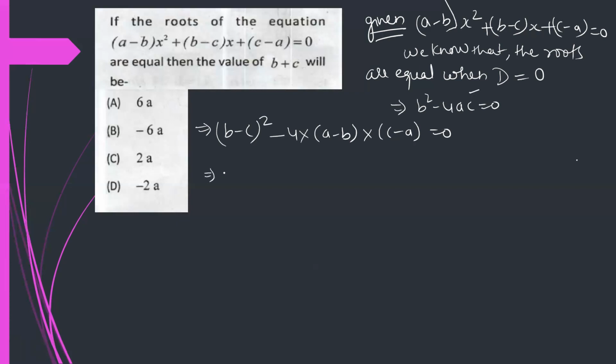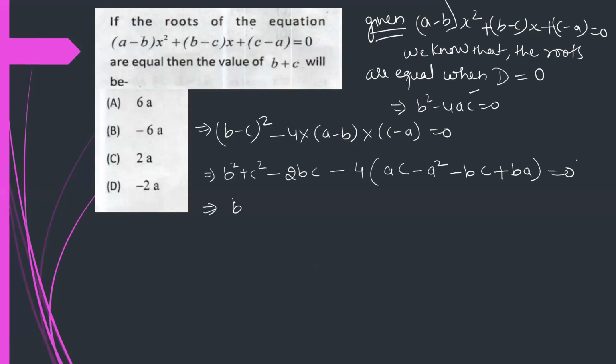Let's open the brackets. b square plus c square minus 2bc minus 4 times (ac minus a square minus bc plus ab) equals 0.